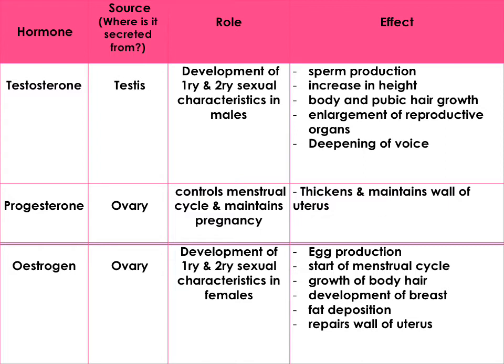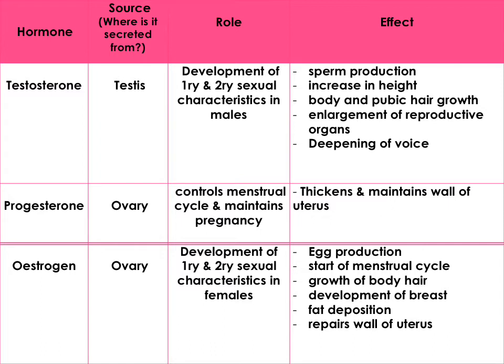What is the effect that it has on the body? It causes sperm production, it causes increase in height, it helps the body and the pubic hair to grow, the enlargement of reproductive organs and deepening of voice. This is just a revision of the things that we spoke about earlier.